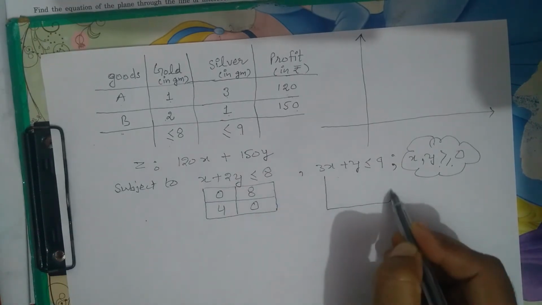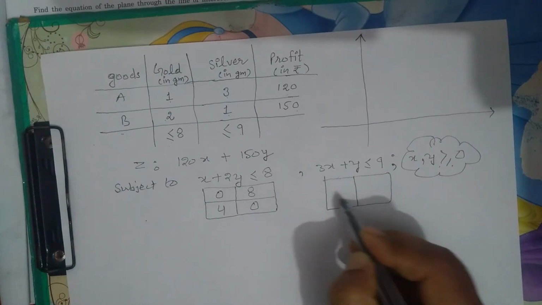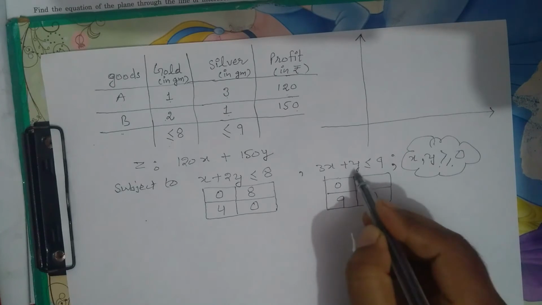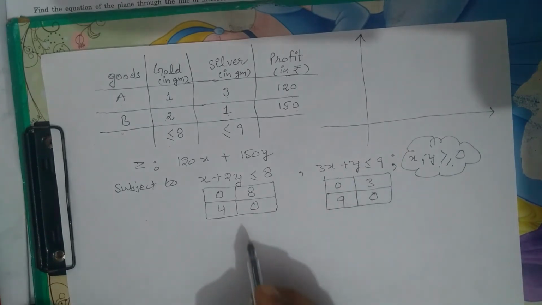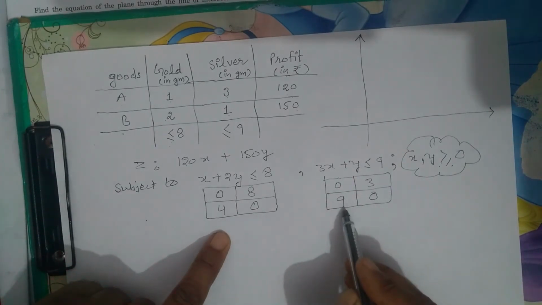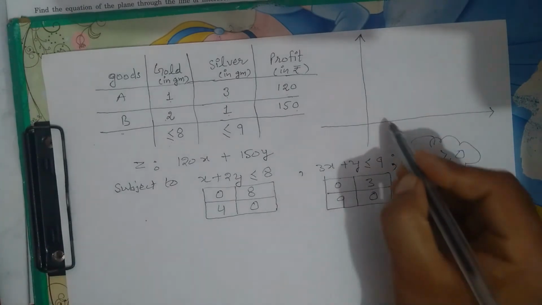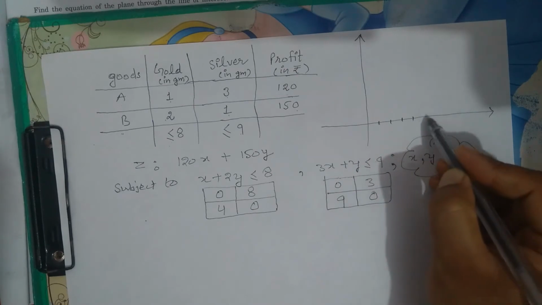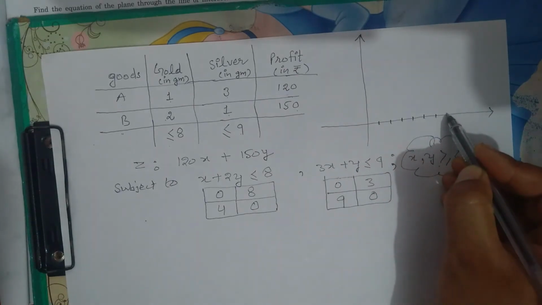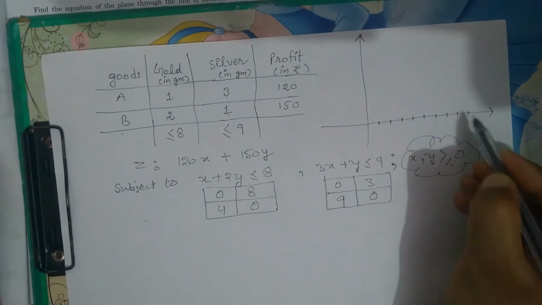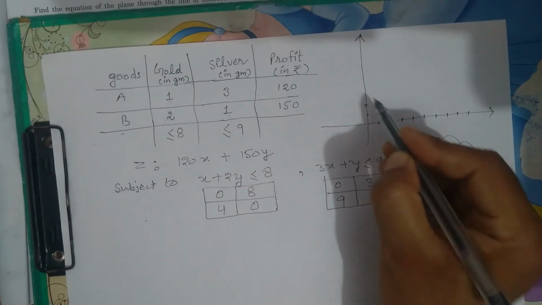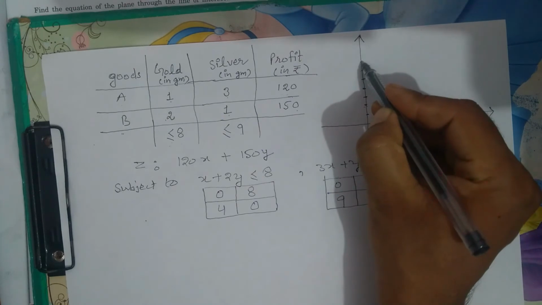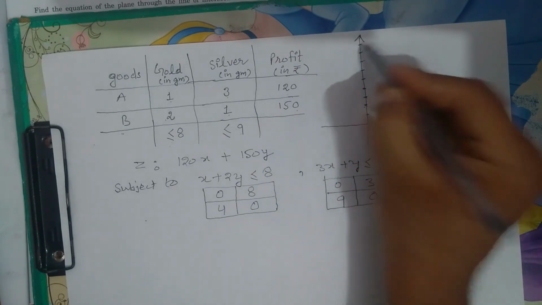For the other, when x is 0, then y is 9; when y is 0, then x is 3. So we have to mark the axes up to 9: 1 2 3 4 5 6 7 8 9.